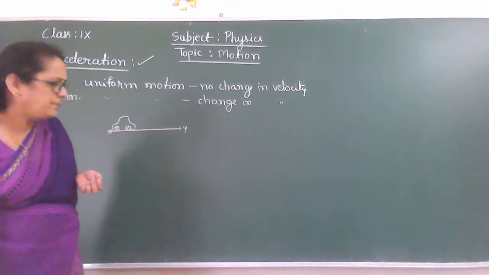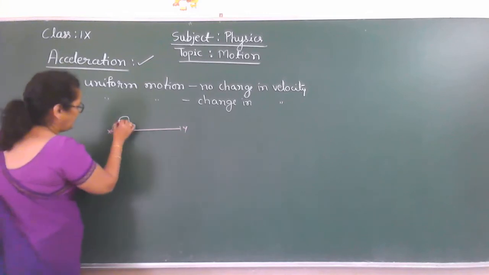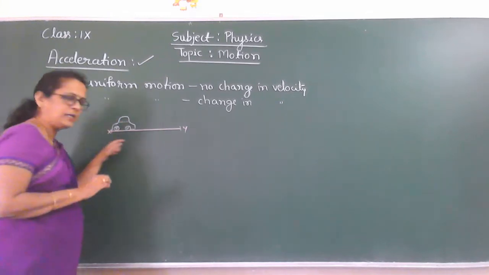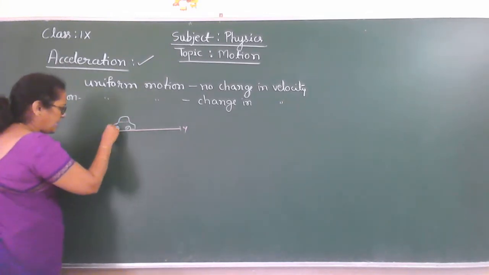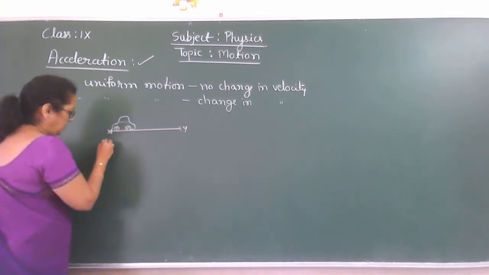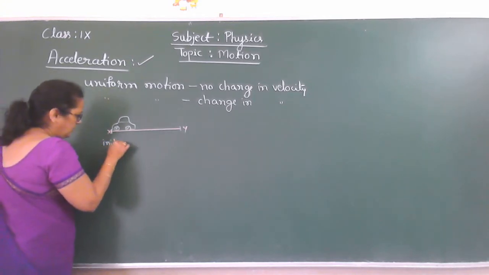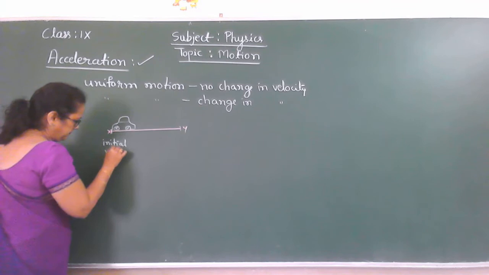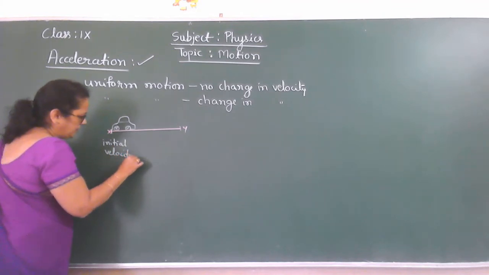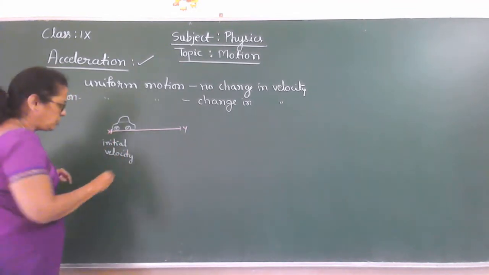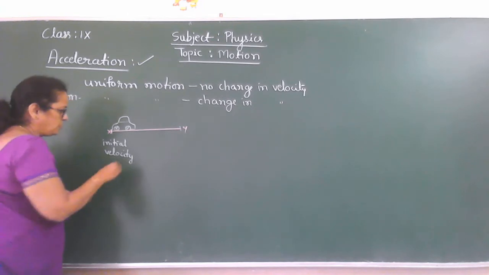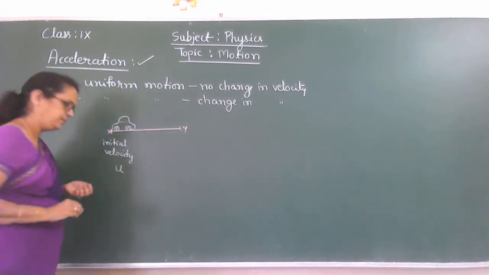Let us say this object is moving. It starts from x, where it is at rest. I will mention this as initial velocity, and for initial velocity we use the term u.